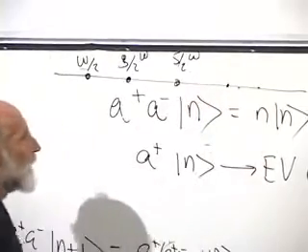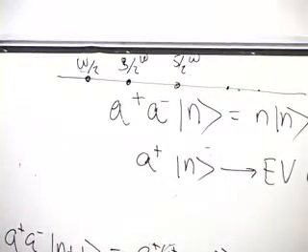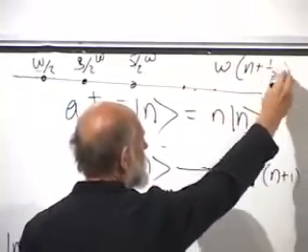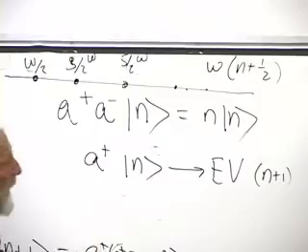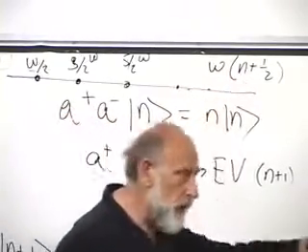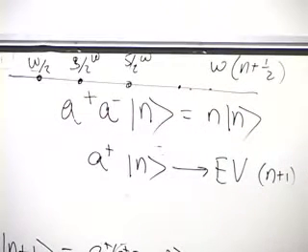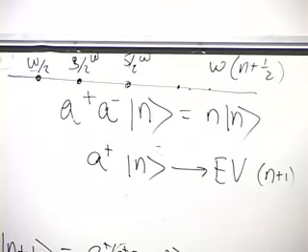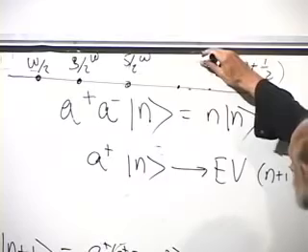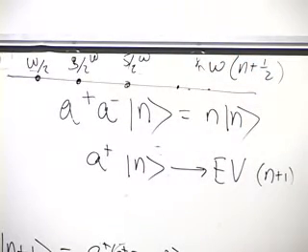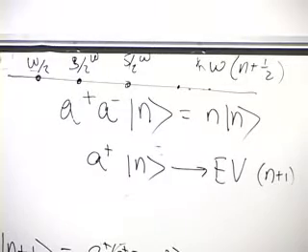The spectrum of energies is omega times n plus 1/2. Relative to the ground state, it's just omega n. So if we threw away the ground state energy, these raising operators simply add an integer multiple of omega, and strictly speaking, it's h bar omega. It adds h bar omega energy each time it acts.